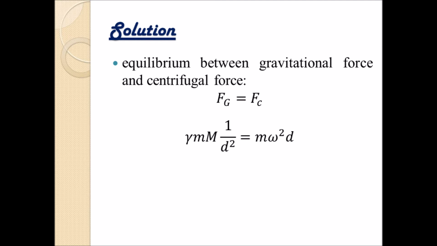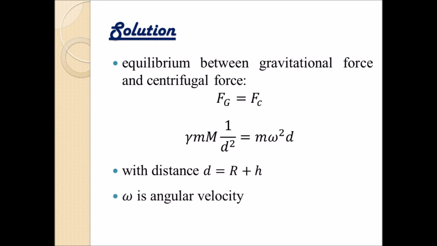And distance means we are talking about the distance of the satellite to the center of rotation, so the center of Earth. On the right-hand side, we have the centrifugal force, which is m multiplied with omega squared and again distance d. So the distance d is simply radius of Earth r plus height h above Earth.